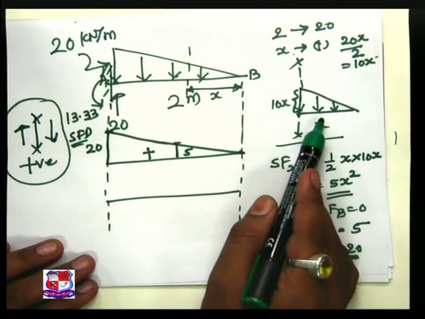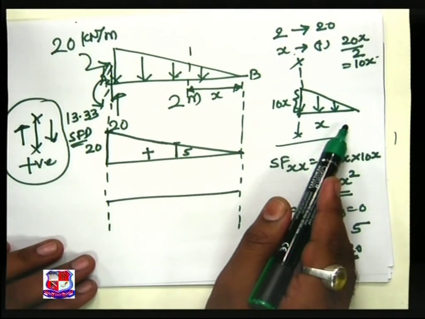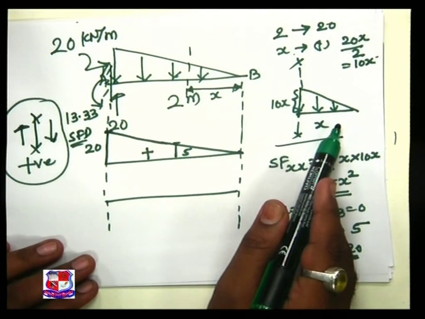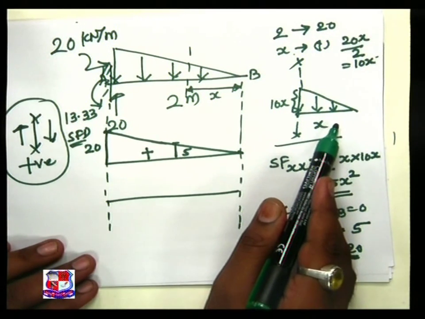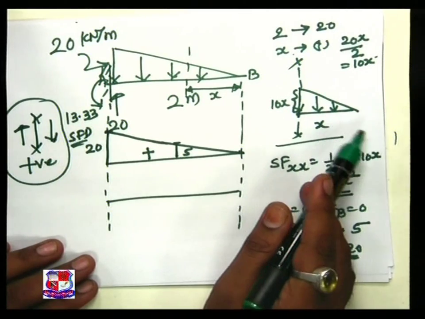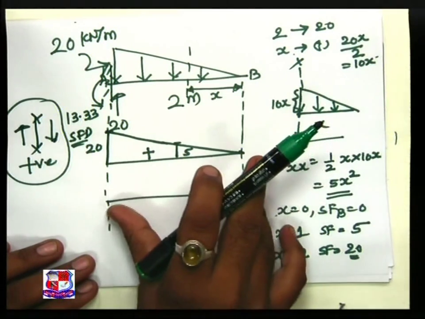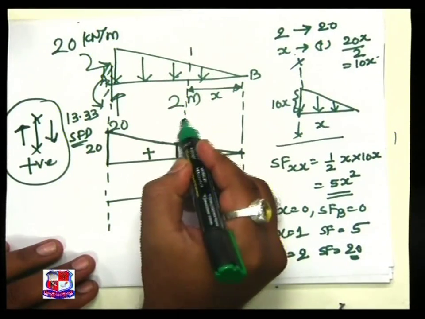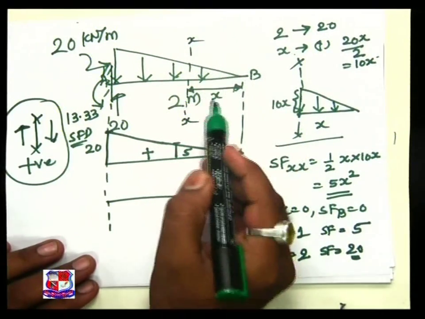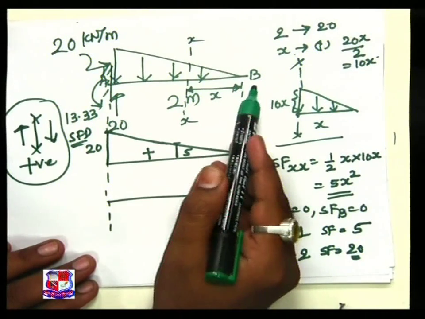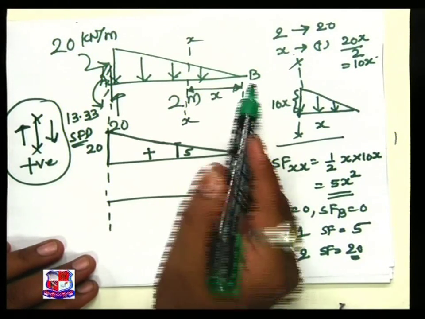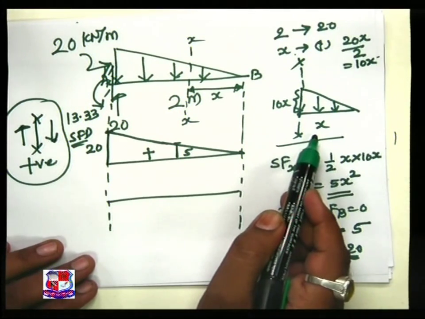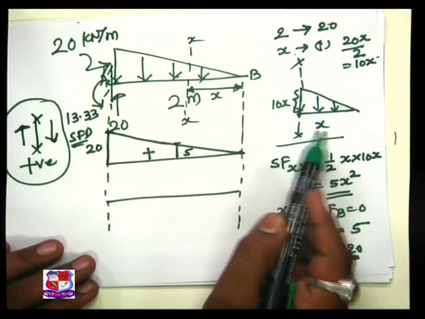Here in our case, right of the section. So now to know the variation of bending moment along the length of the beam, let us take a section XX, distance x from B, and this is the free body diagram, or we can say the right sectional part for this particular beam.